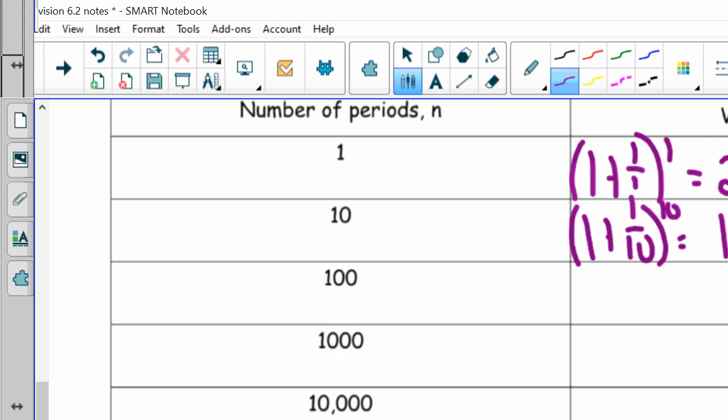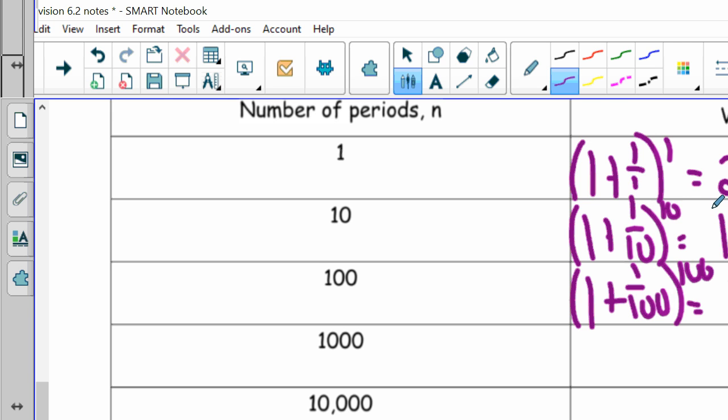Then 100. So 1 plus 1 over 100 to the 100th power. So that's 1.01 to the 100th power, which is 2.7048133829. Then 1,000, right?